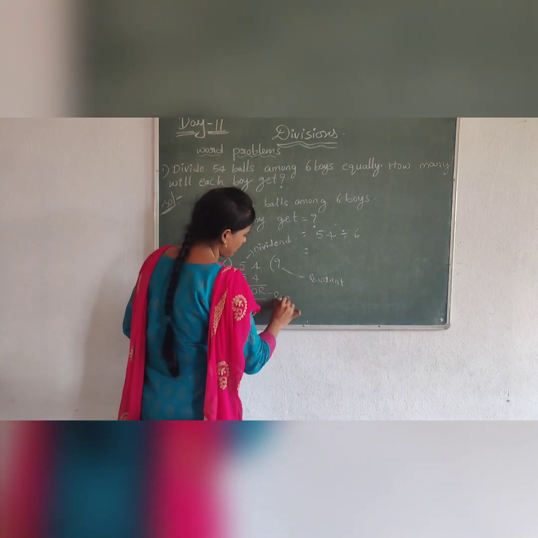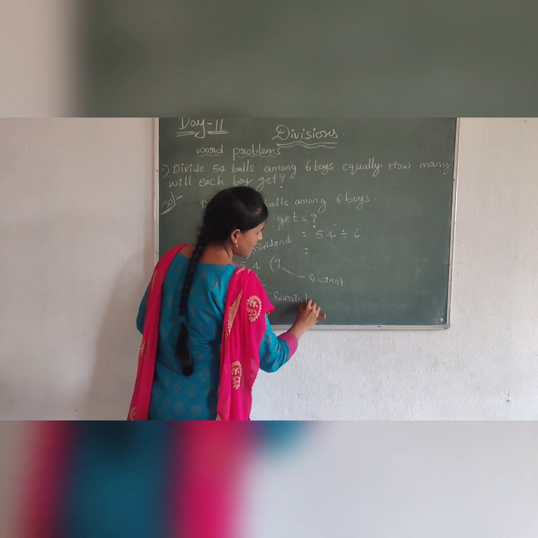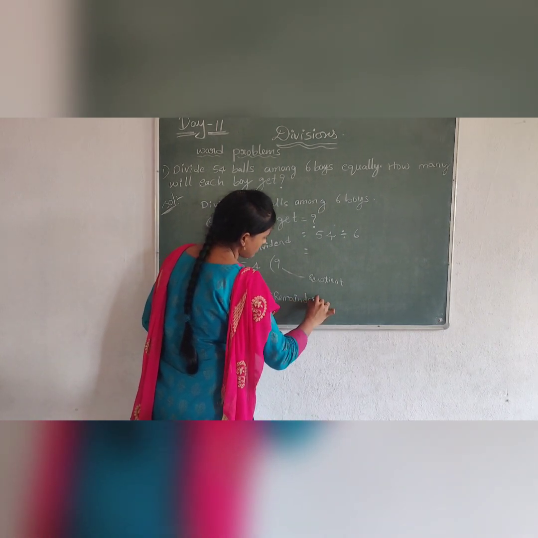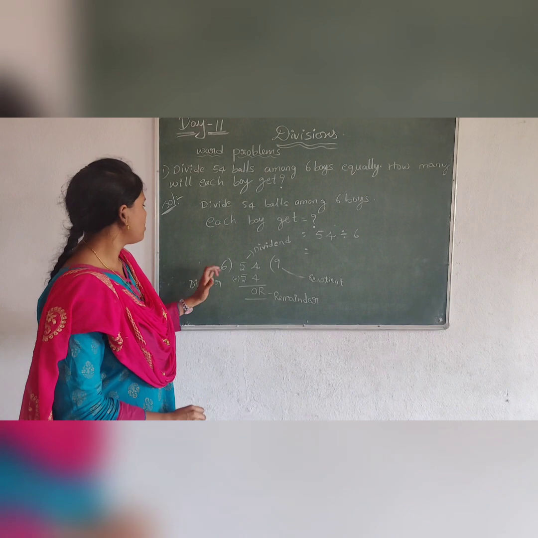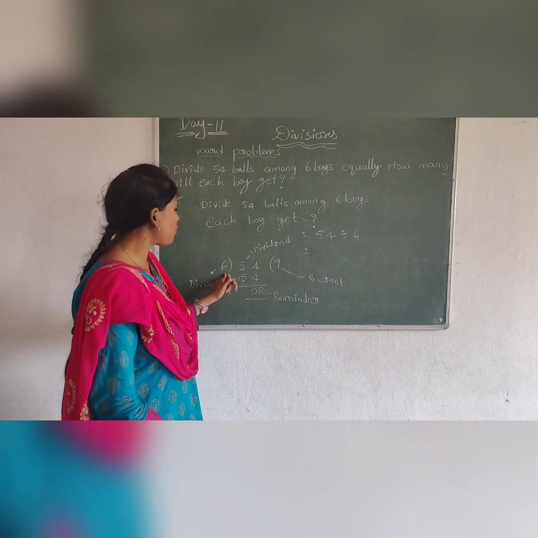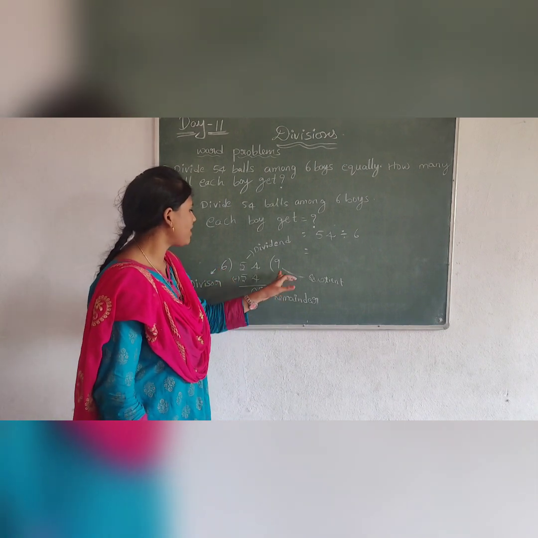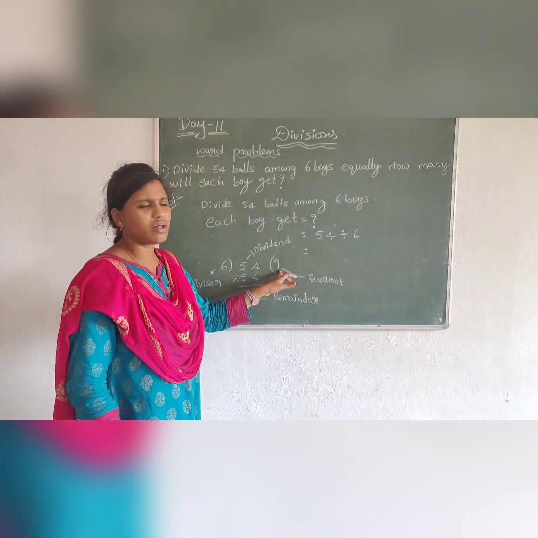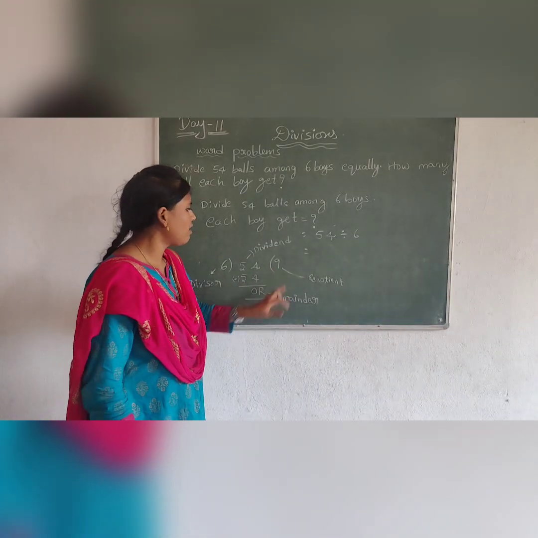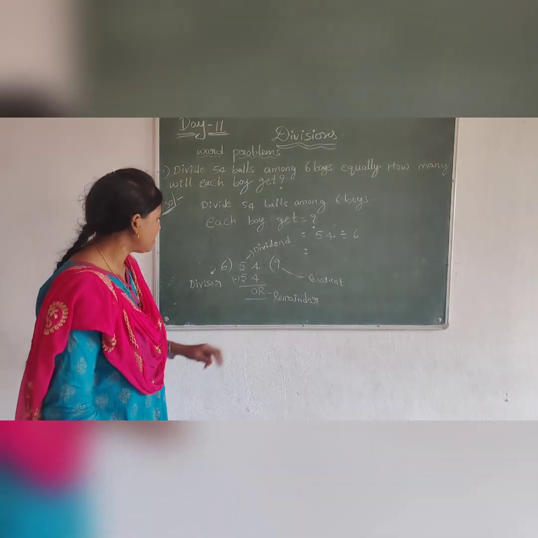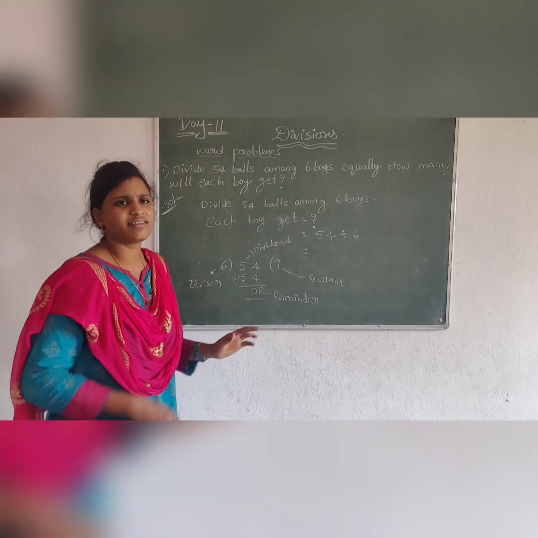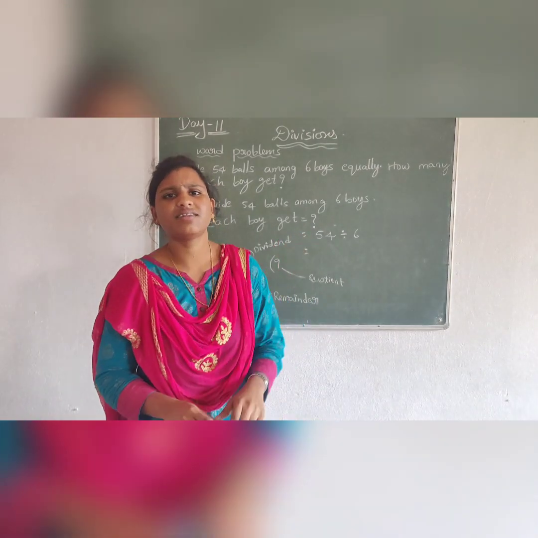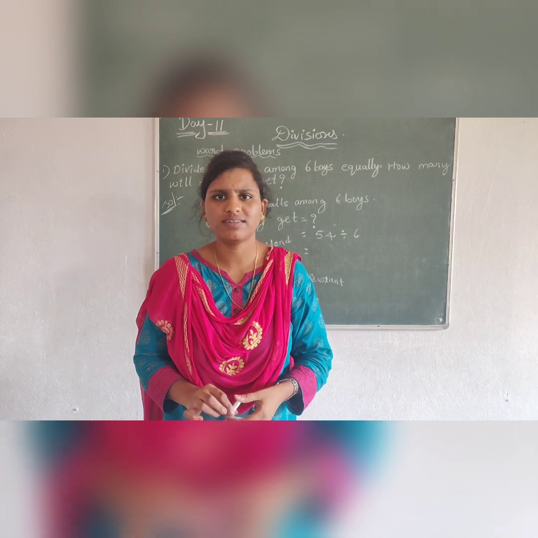What does R mean? R means remainder. So, among 6 boys, each boy is getting 9 balls. These 6 boys getting 9 each make 54 balls.